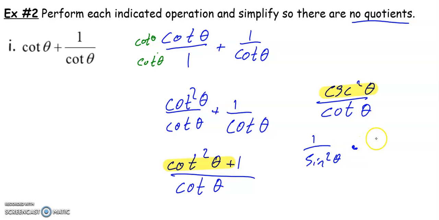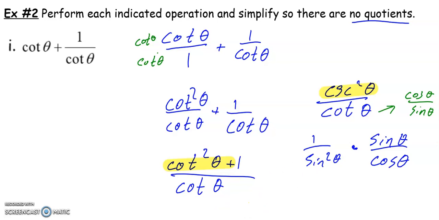Let me write it out so we can see it: cotangent theta is cosine theta over sine theta. When we divide with fractions, we multiply by the reciprocal, sine theta over cosine theta.